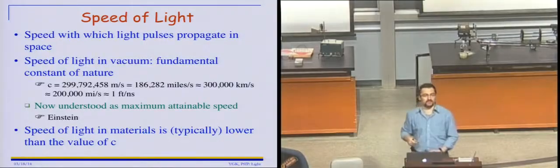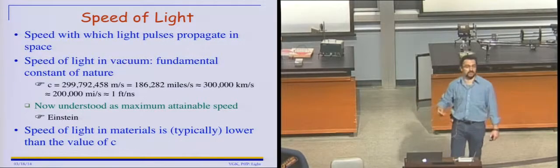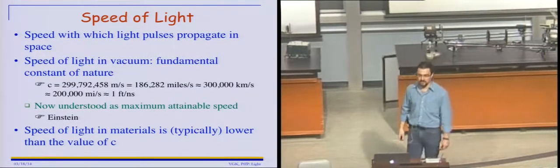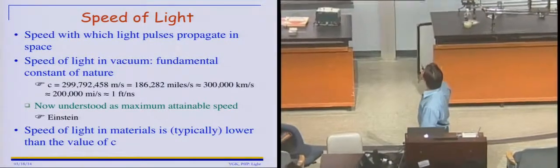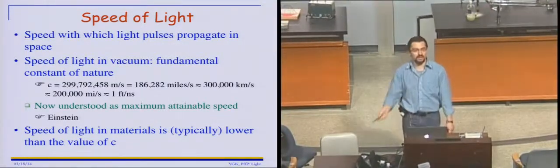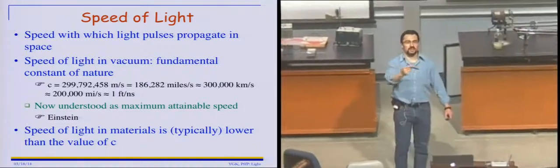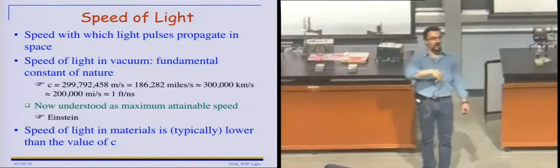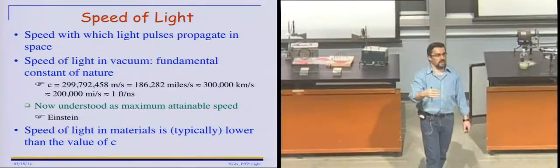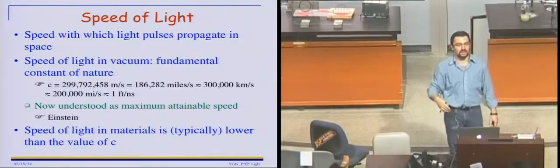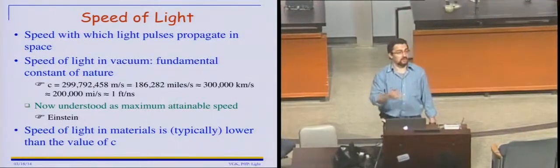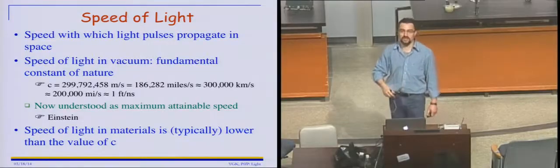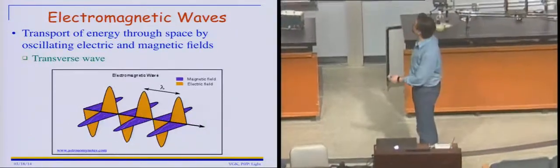And in that case, the speed of light in the material is lower than the speed of light in vacuum, so slightly smaller than c. And so as I said, the electromagnetic pulses that carry your TV signal from a cable TV station propagate to you a little bit slower, at about 60 to 70% of the speed of light.